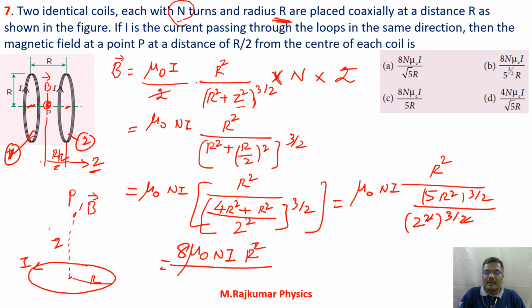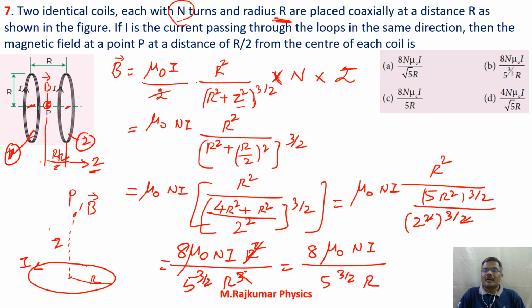The 5 becomes 5 power 3 by 2, and r square power 3 by 2 becomes r cube, so r square and r cube cancel, leaving r. So this is equal to 8 mu naught n I divided by 5 power 3 by 2 r. This is going to be the final answer. If you check, B is your answer.